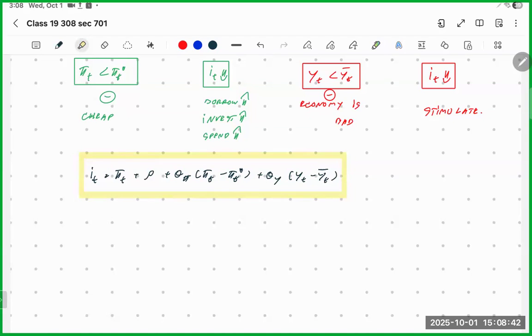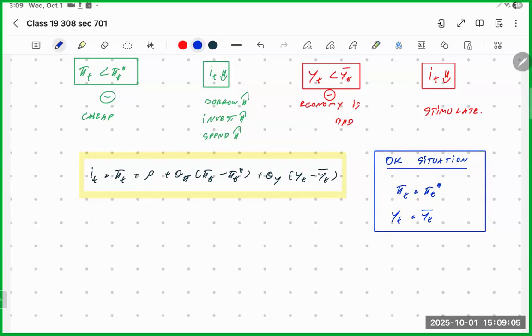If I assume that we are in an okay situation, no inflation problem, inflation today equal to inflation target. GDP equal to the full employment level.